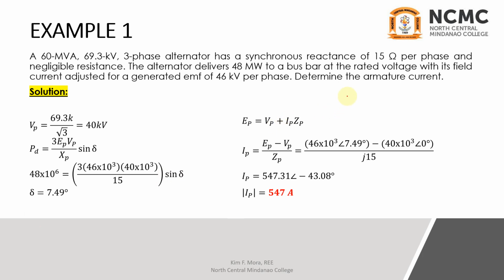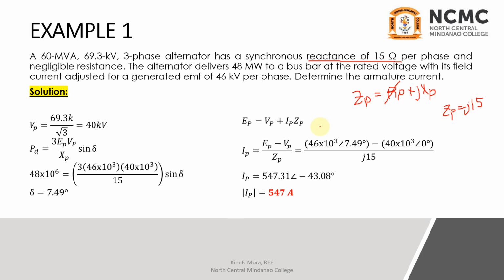Z_P is equal to R_P plus jX_P, our reactance. Since resistance is negligible, what remains is our reactance, which is already given: synchronous reactance of 15 ohms. So automatically Z_P is equal to jX_P, which is j15.